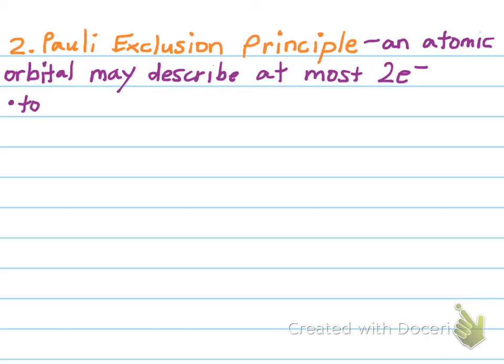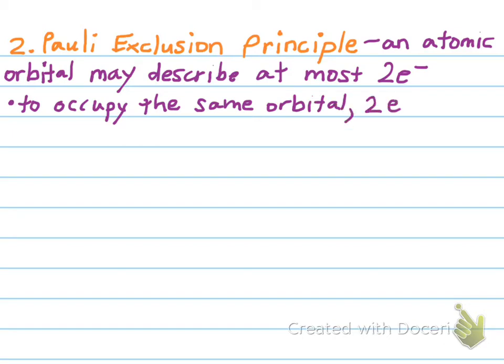To occupy the same orbital, two electrons must have opposite spins.